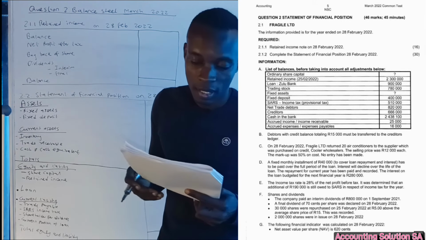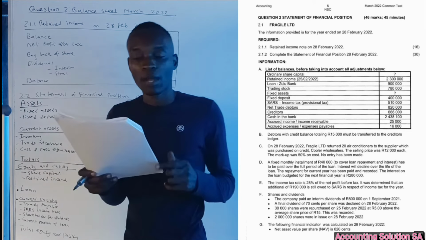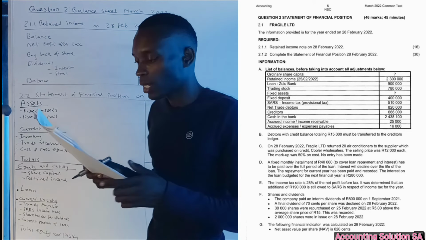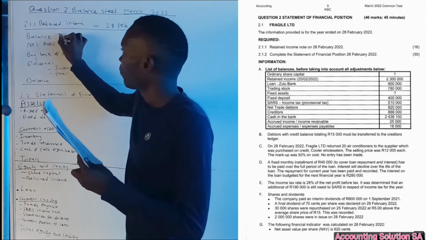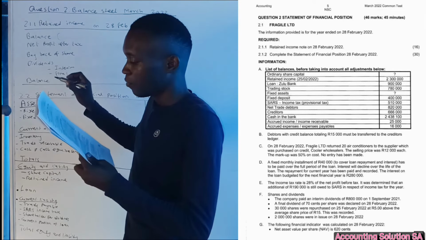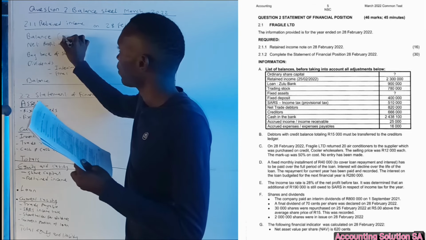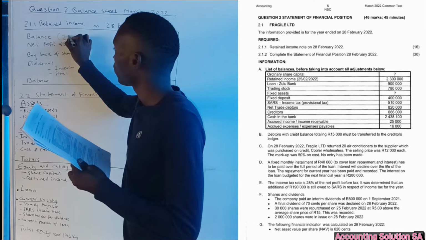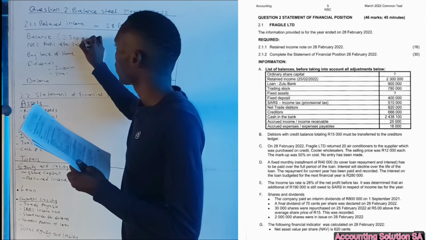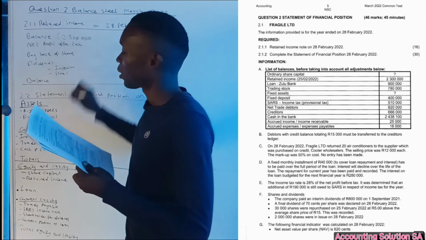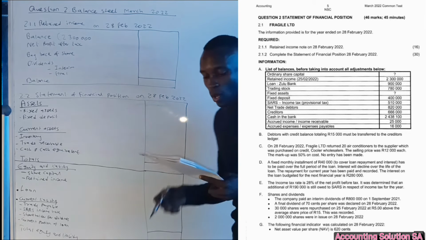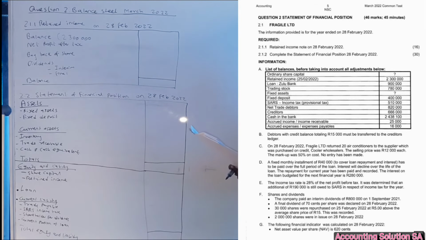We must first do some calculation and some adjustment. We're going to see on the information if we have any adjustment. It's 2,300,000. Now let's check if we have any information.